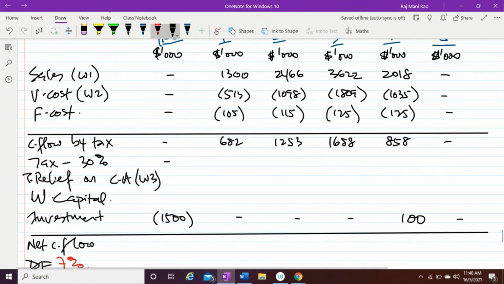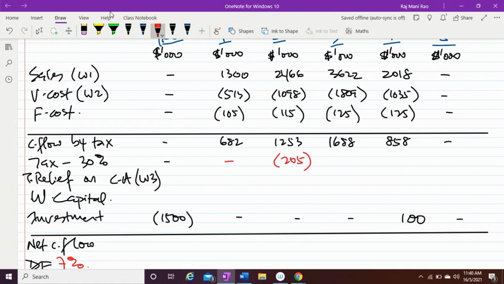So what is your tax? Year 1 tax, how many percent? 30%. Tax is 30%, yeah. How much? Year 1 tax, how much? Do you pay in year 1? No, you pay in what?